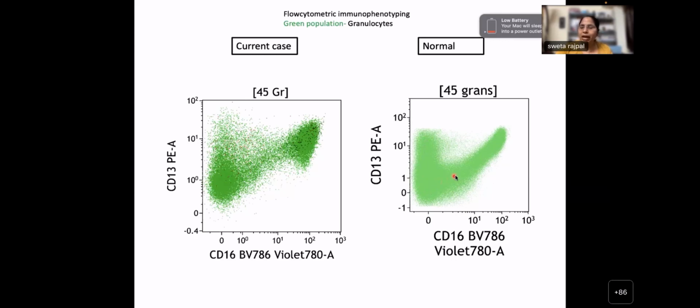In the metamyelocyte stage, they gain CD16, and in the mature neutrophil, they are both positive for 13 versus 16. So in a normal bone marrow, you should be getting a continuum of this pattern, the Nike pattern, like seen on the right side. While on the left side, what we are seeing is abnormal clustering of these cells, and we are seeing a loss of this Nike pattern.